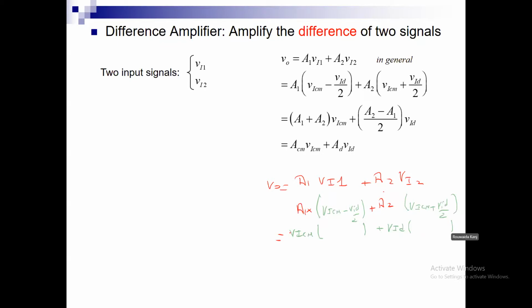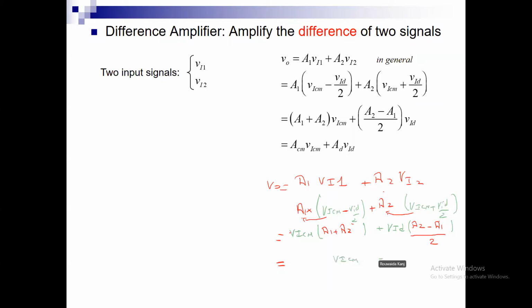Let us see what the pure math is going to tell me. VICM is multiplied by A1 and A2, so this will be A1 plus A2. And VID has a half, and it's multiplied by A2 minus A1.